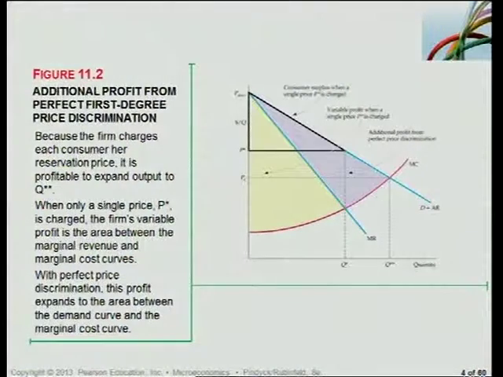So let's start from the beginning. When only a single price is being charged, there's no price discrimination, and output will be where the marginal revenue intersects the marginal cost curve. We know that is the profit maximization rule for any firm. So going up from Q asterisk, that is the profit maximization output up to the demand curve, and then horizontally P asterisk is the price that will be charged for Q asterisk, only when a single price is being charged.